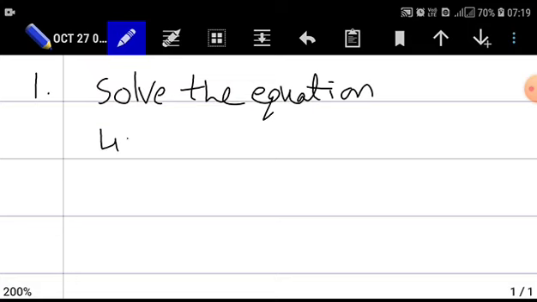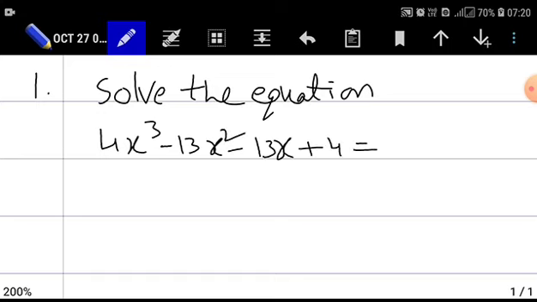So the problem is: solve the equation 4x cube minus 13x square minus 13x plus 4 is equal to 0.